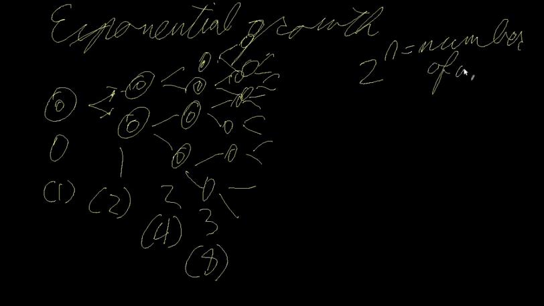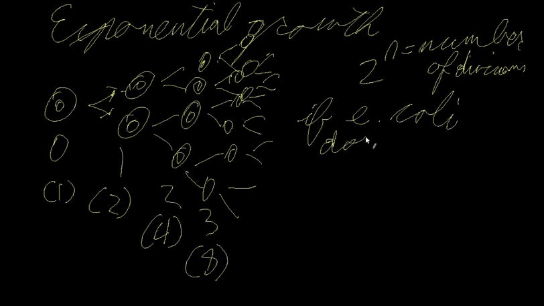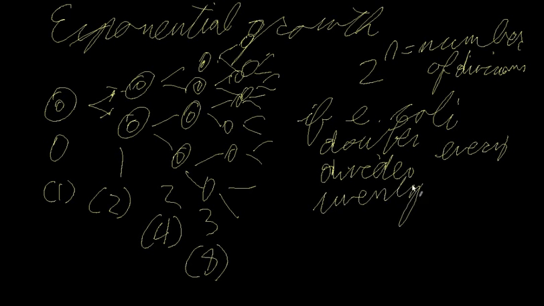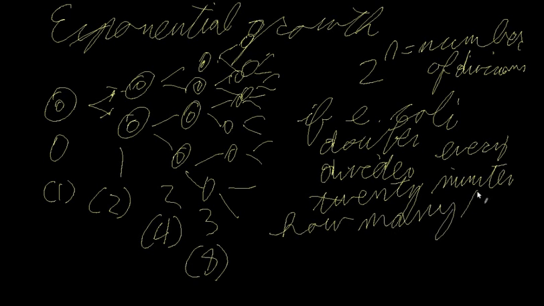So let me give you an example that is very useful in microbiology. E. coli is considered the workhorse of microbiology. So if E. coli doubles roughly every 20 minutes, and it goes like this for an entire hour, how many times did the one E. coli cell divide?